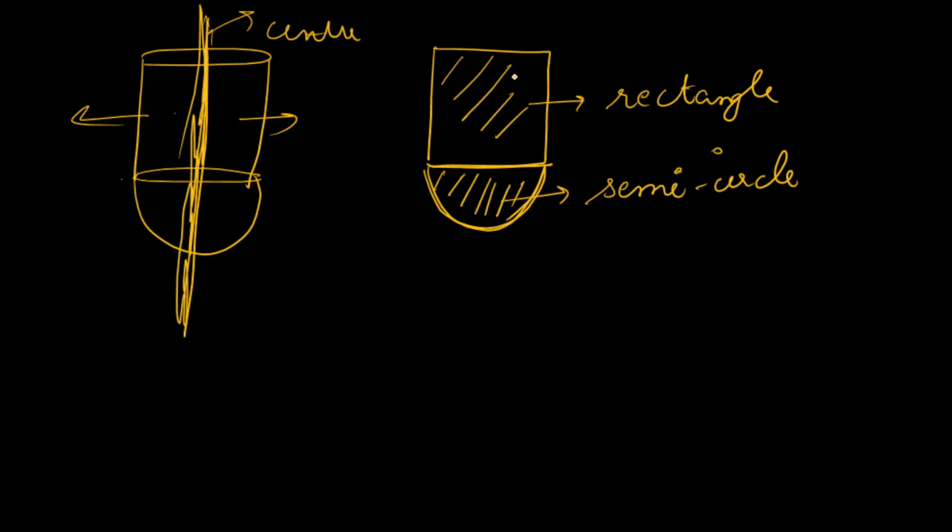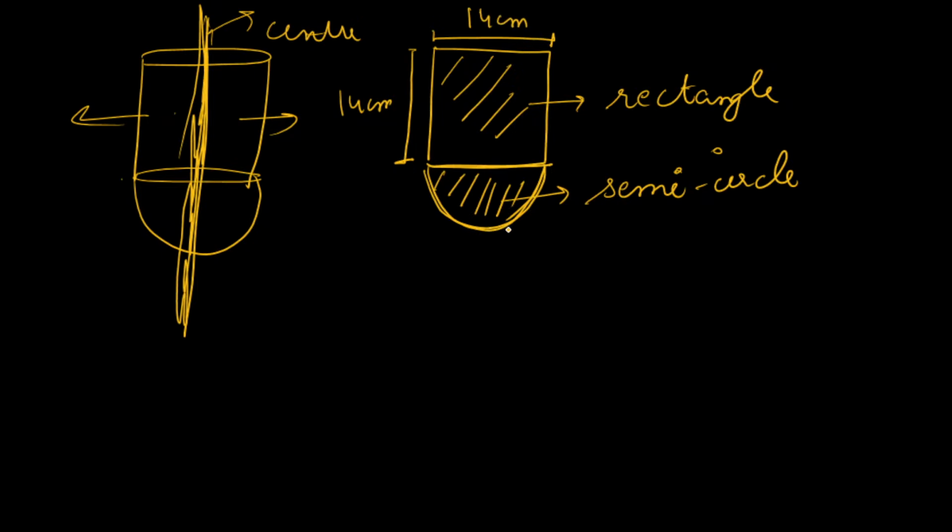So now we will find the area if we know the dimensions. What are the dimensions of the rectangle? This is the length of the rectangle, it is equal to the height of the cylinder, which is 14 centimeter, and this is the width of the rectangle, it is equal to the diameter. Diameter is also 14 centimeter.